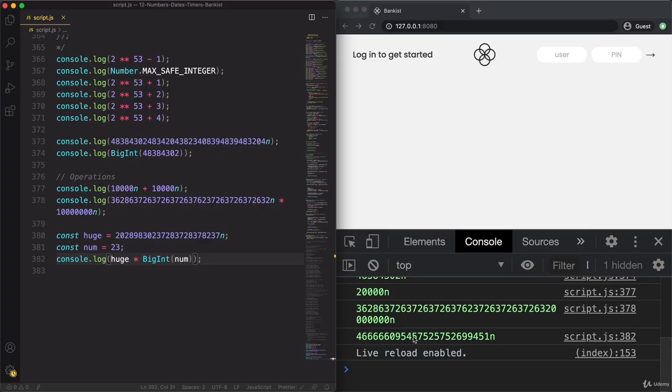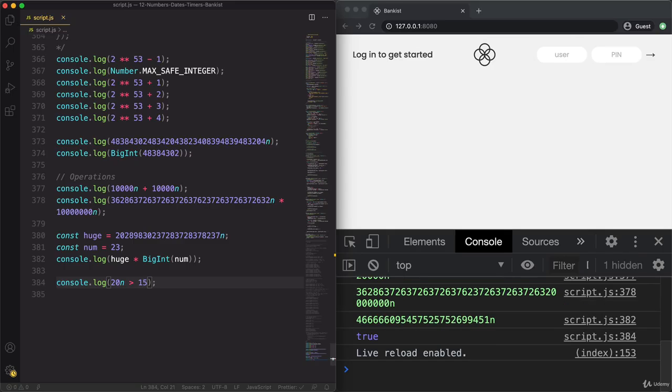However, there are two exceptions to this, which are the comparison operators and the plus operator when working with strings. So let's see that. We can still do a BigInt and then, for example, greater than a normal number. So this still works and we still get true as expected.